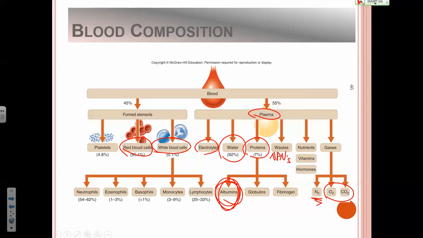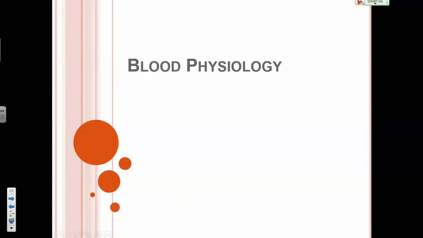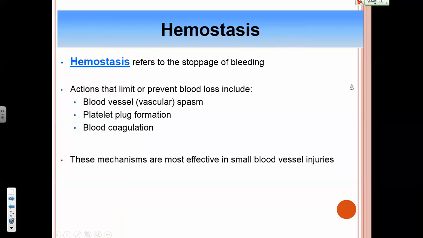And then we didn't really talk a whole lot about this. We looked a little bit at nutrients, but all kinds of things are just dissolved. Okay. All right. So that's all the components of blood. And then in the rest of this chapter, we're going to look at some of the processes that blood goes through. The first one is hemostasis.